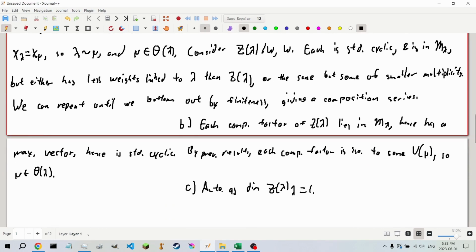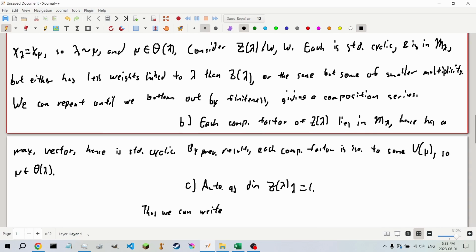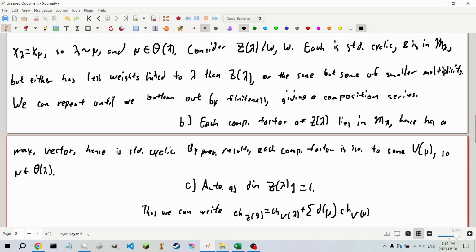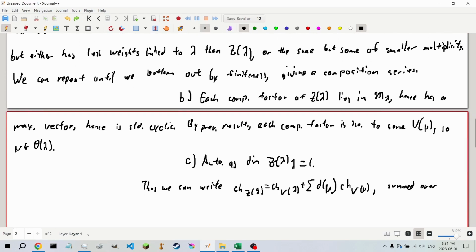Alright. So thus, from this proposition we can write the character of Z lambda as the character of V lambda plus a sum of some positive integer scalars d lambda, d mu, scaling the character of V mu, summed over mu in theta lambda, mu not being lambda itself, with lambda in h star still fixed.